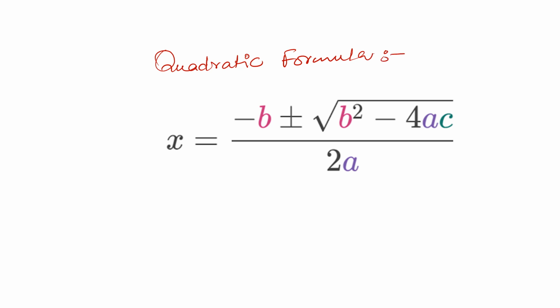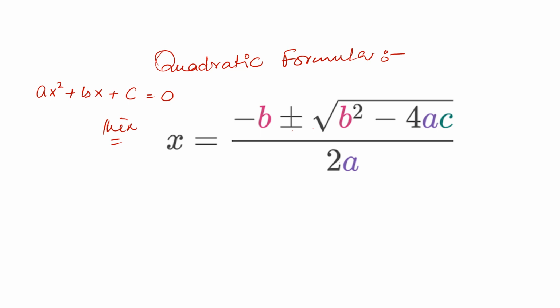If the quadratic equation is written in the form of ax square plus bx plus c equals 0, then the value of x will be minus b plus minus square root of b square minus 4ac, over 2a.